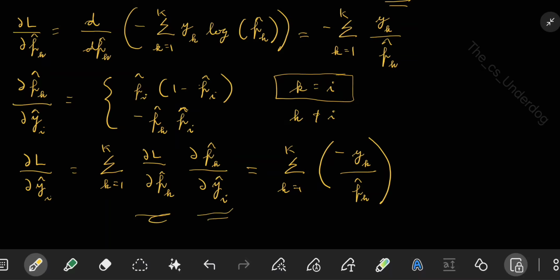Then I have this term. For this term, writing this won't suit at this point because you can't write two different formulas. What will we do? We'll take the other formula. Instead of this, we discussed one more formula, which is you have to write pk cap into del ik minus pi cap.